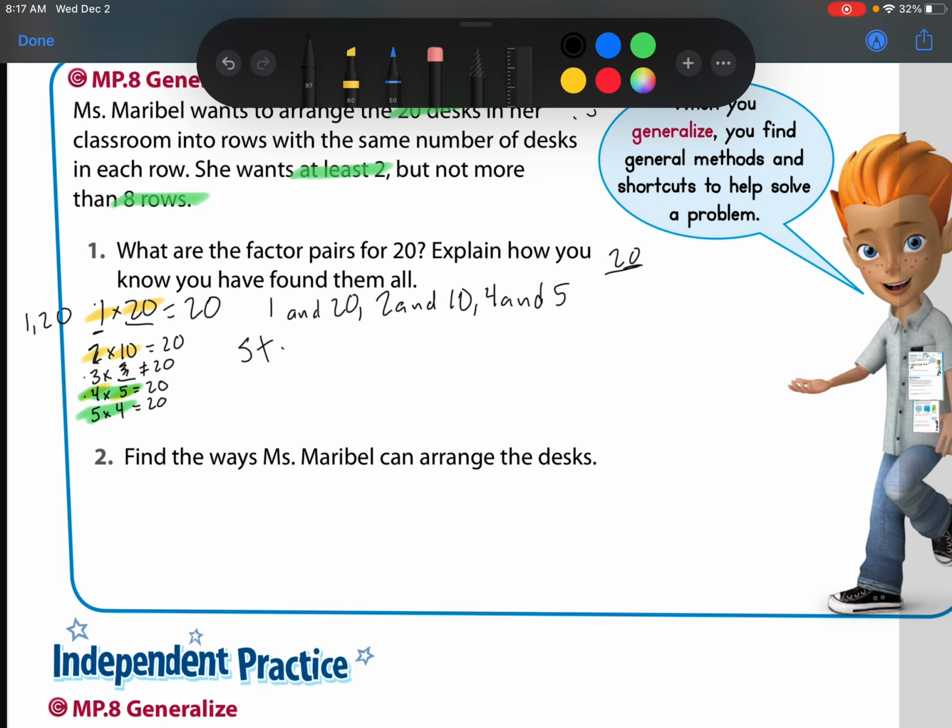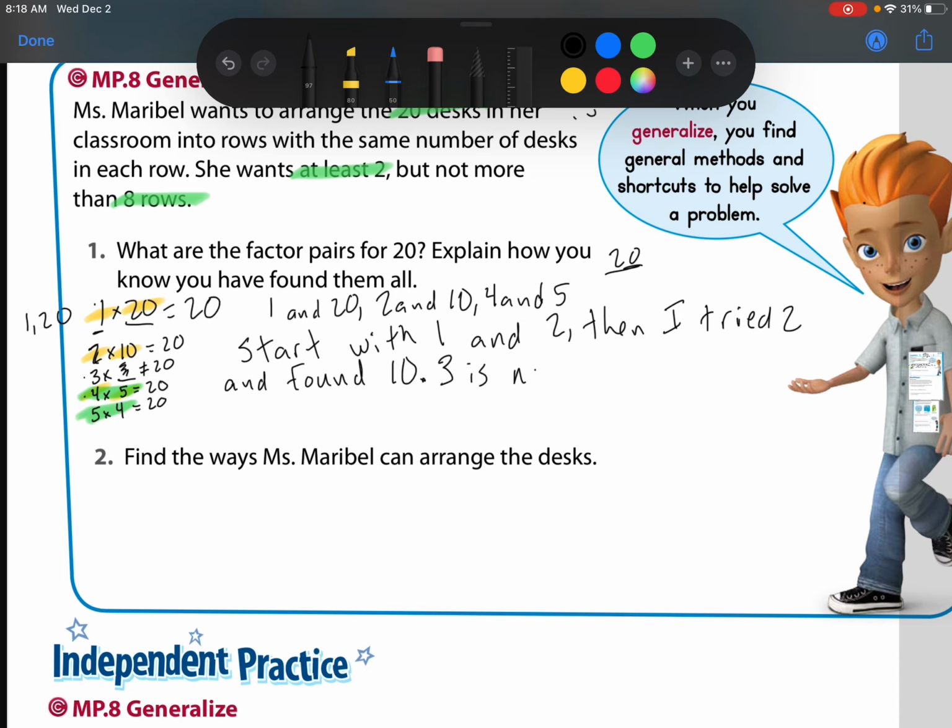So I started with 1 and 20. Then I tried 2 and found 10. Then what do I do with 3? 3 is not a factor.